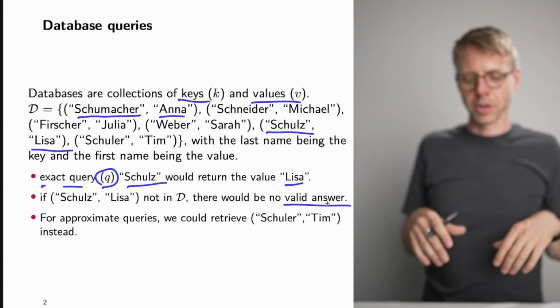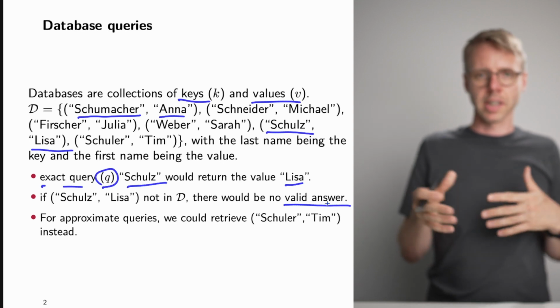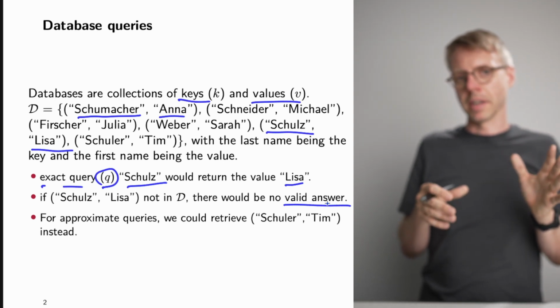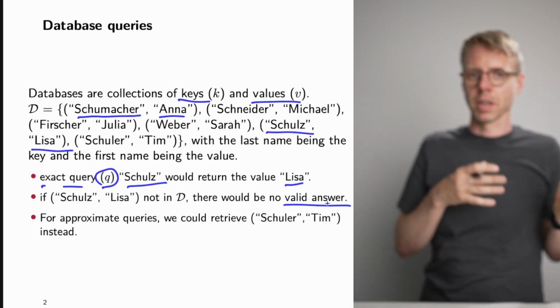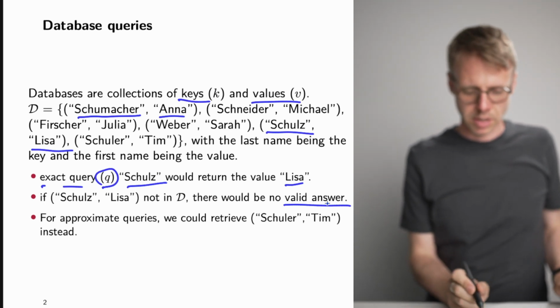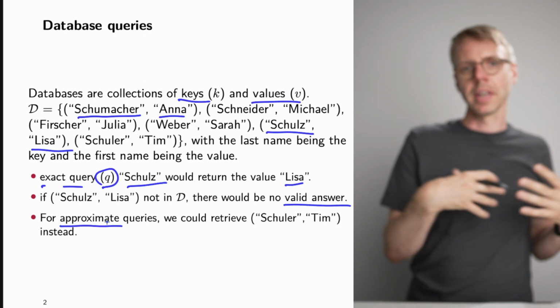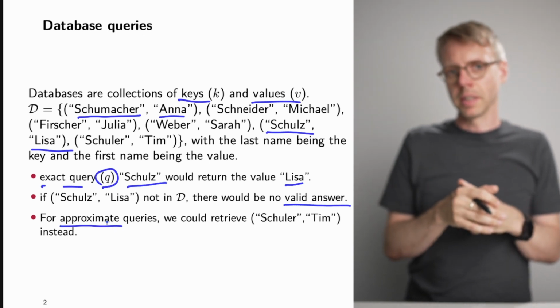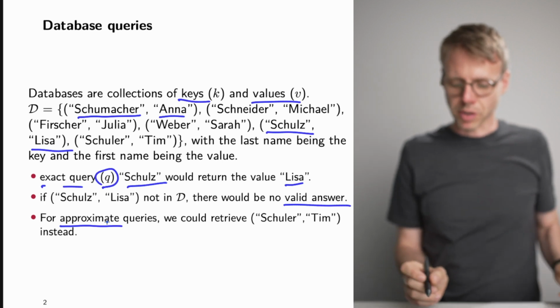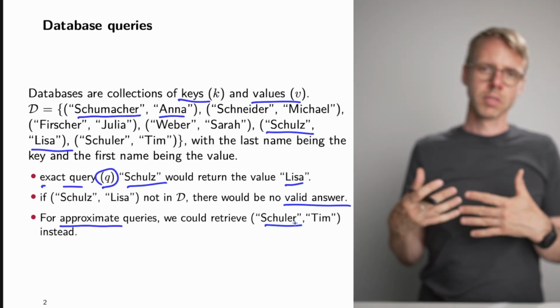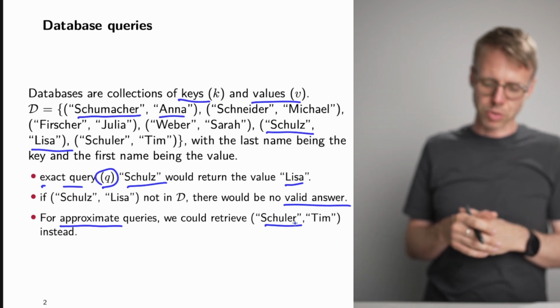Now for the case where this example Schultz, Lisa is not in the database, and if we made the query approximate, so if we allowed for differences between our query and the key, then we might, for example, get for the query Schultz, Schuler, which has quite a low edit distance to Schultz.